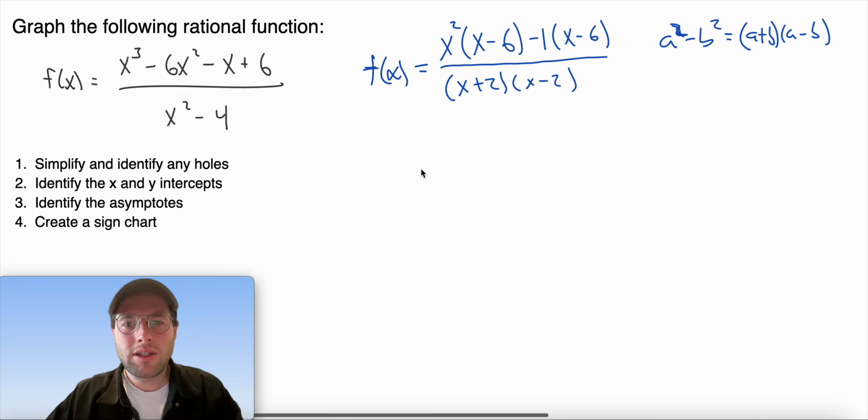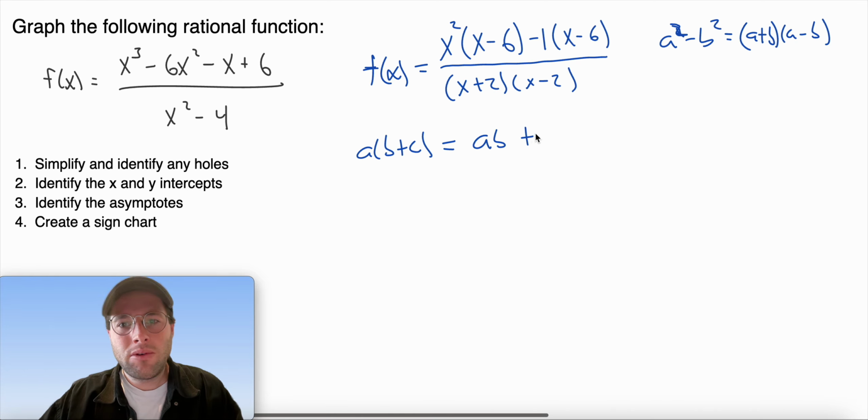All right, so let's continue on here with factoring by grouping, and I will make the note here as well that when we go from this step to the next step, what we are using is the distributive property. That is, a times b plus c equals a times b plus a times c.